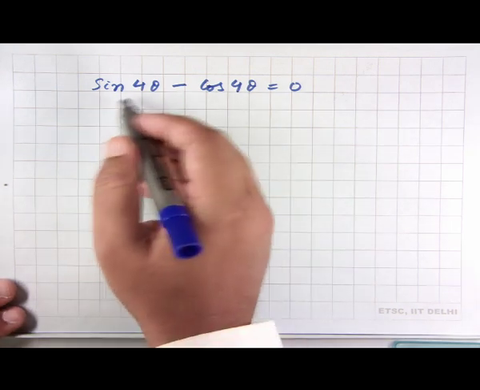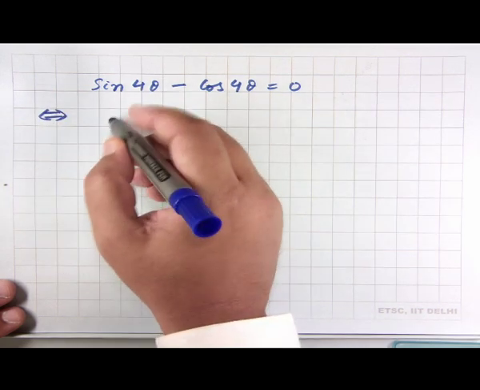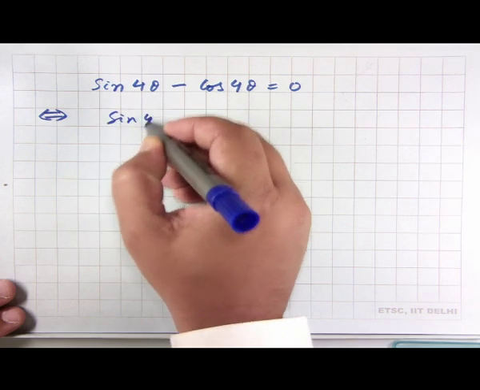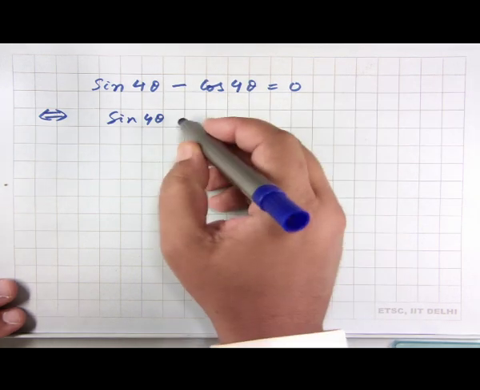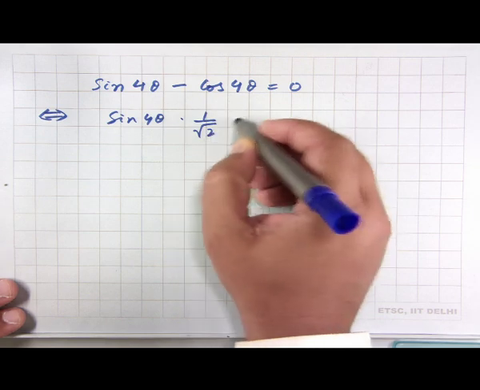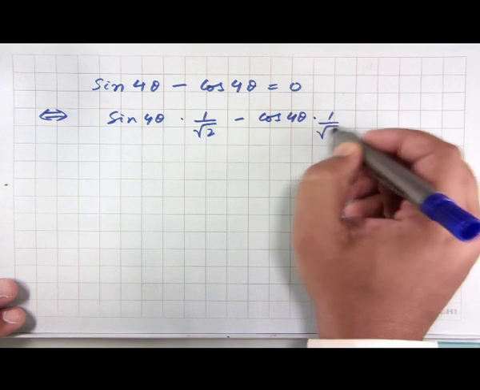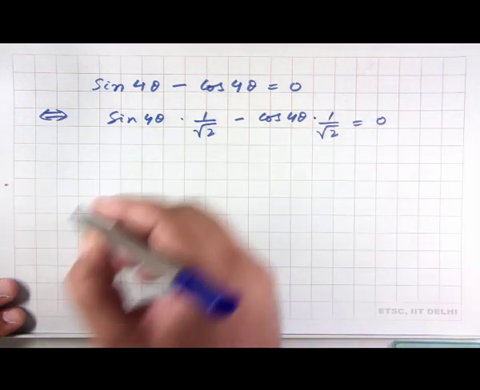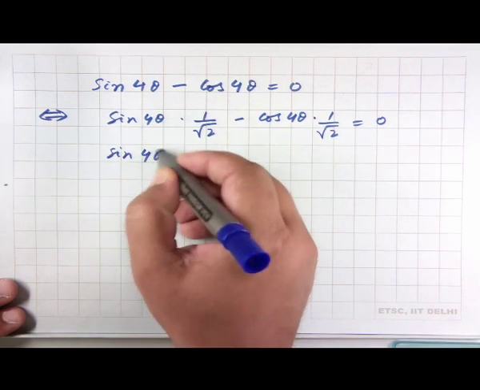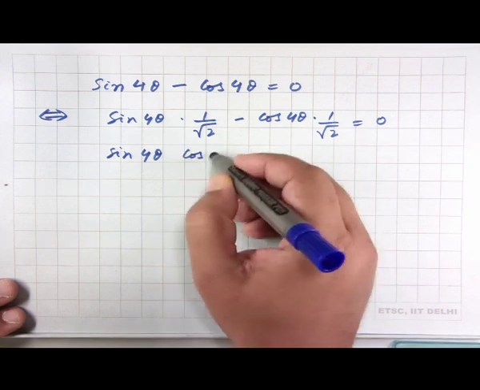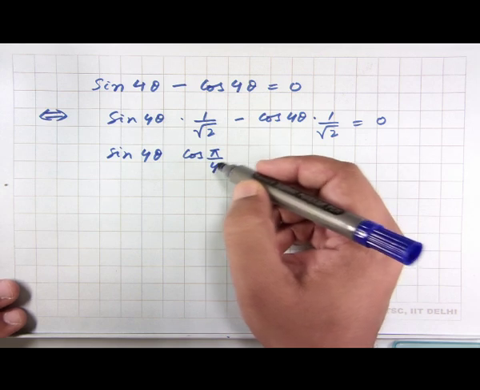this actually implies and is implied by the other equation, so even if I multiply with 1 over root 2, the right hand side is still 0. Equals 0, and this can then be written as into cos, because cos pi by 4 is equal to sin pi by 4 is equal to 1 over root 2.